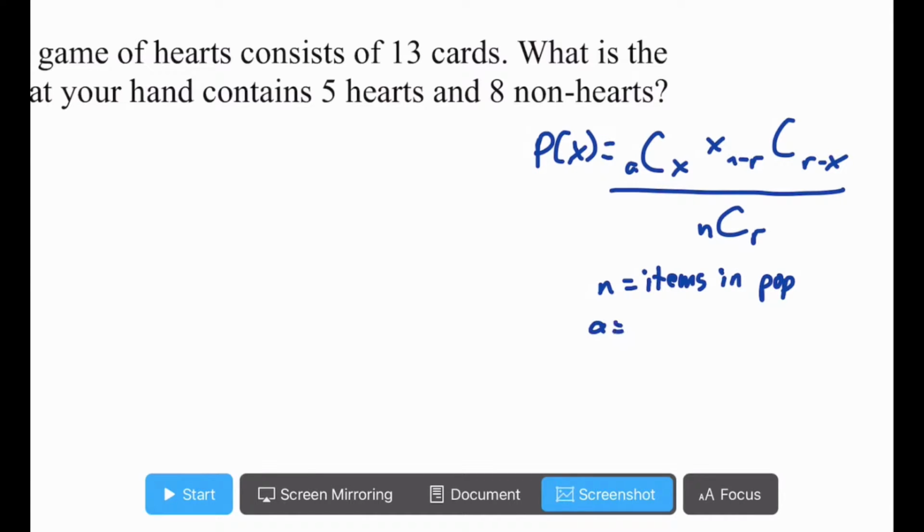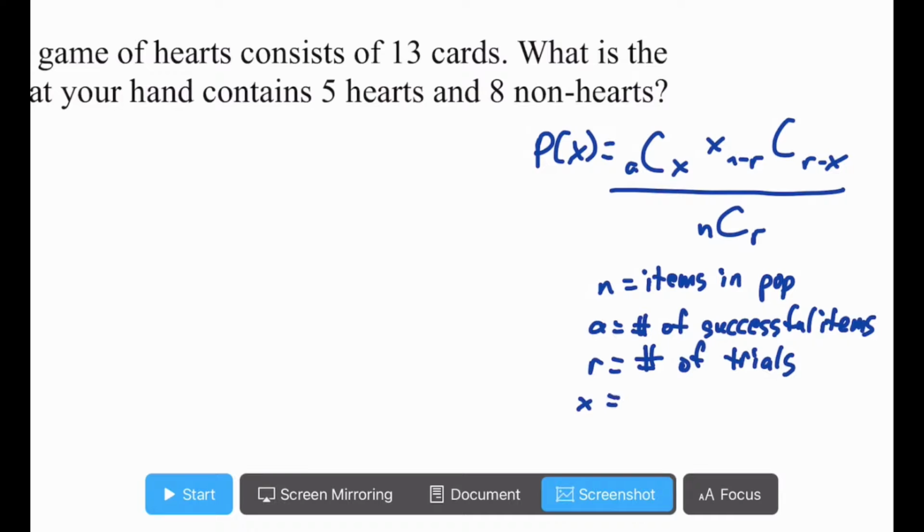A is our number of successful items. R is our number of trials. X is our number of selected successes or successful trials. And I think that's it.